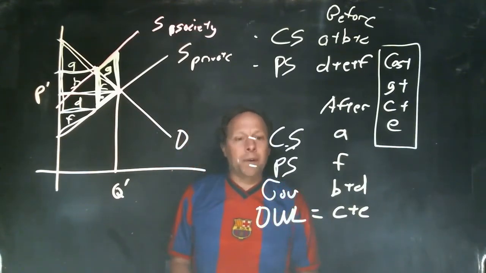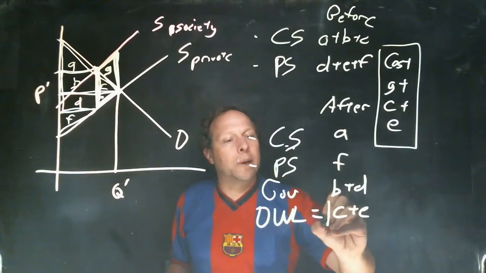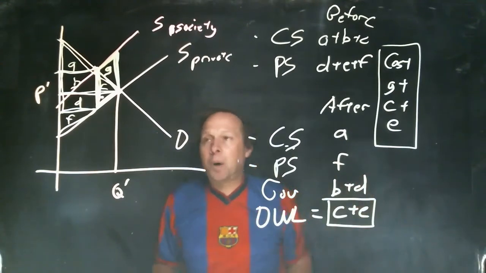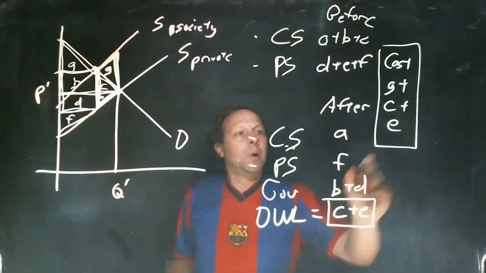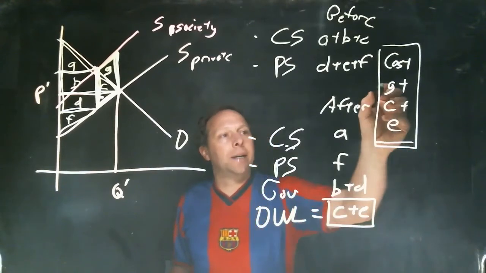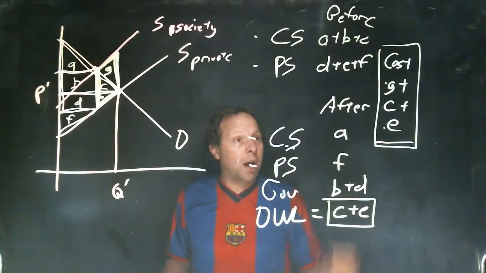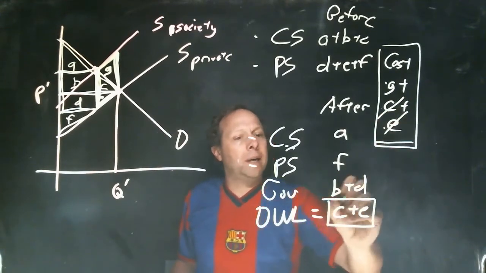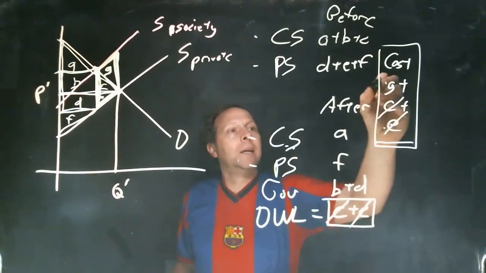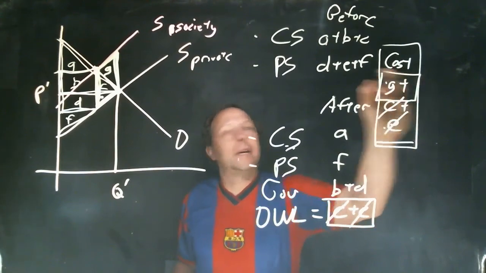So what we have here is, yeah, we have this deadweight loss imposed by the tax, but we have a gain to society of G plus C plus E from avoiding the external cost. Well, this C and E cancel out with this C and E, which leads us to just this area here.